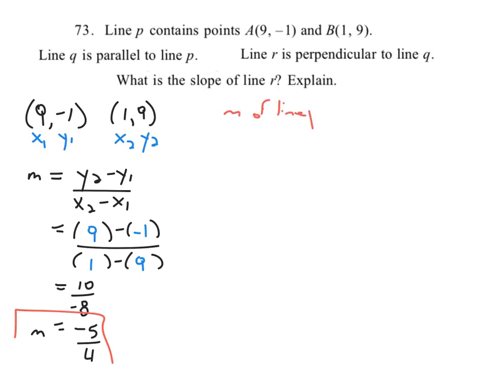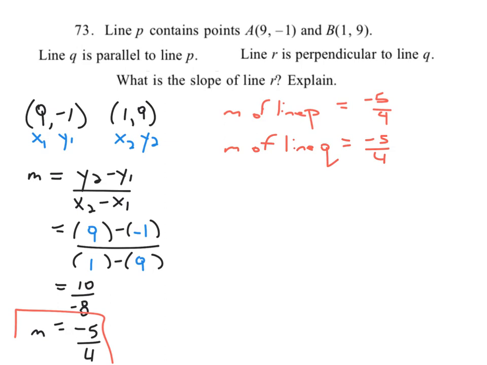So the slope of line P is -5/4, okay? Because line Q is parallel to it, the slope of line Q, since it's parallel, it's also that same.